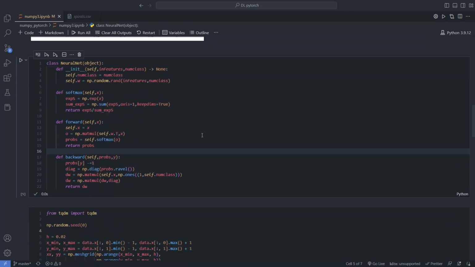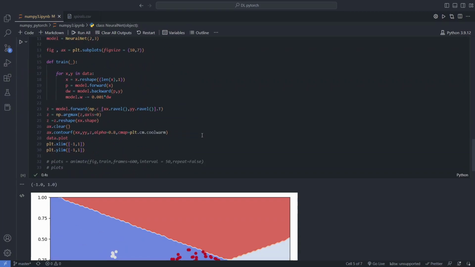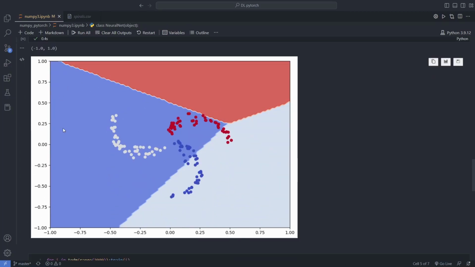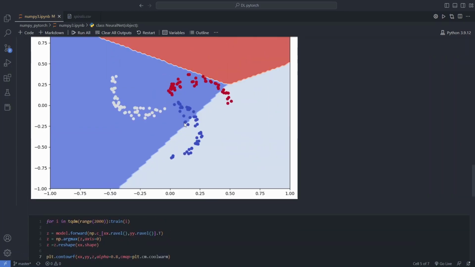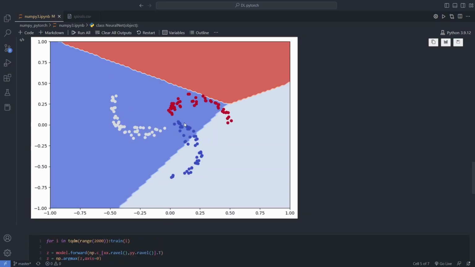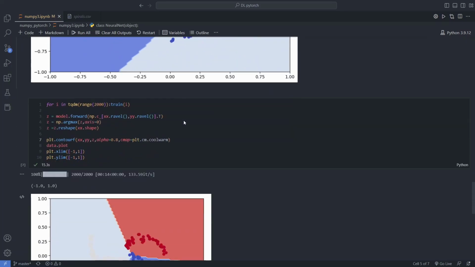I have defined a neural network as well, but let me just show you the results. This is the result before training, and you can see it is doing a poor job. This is the decision boundary red region, and it is not even classifying properly. That makes sense because this is prior to training, right?